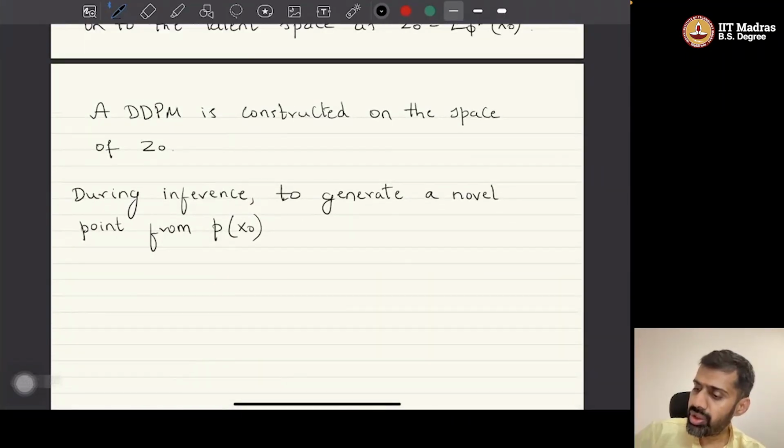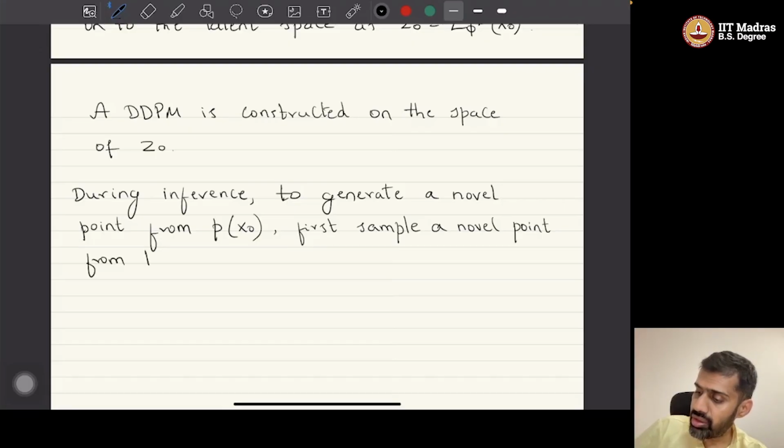To generate a point from P of x naught, first sample a novel point from the latent space. How do you sample a novel point from the latent space? With the denoising or the reverse diffusion.